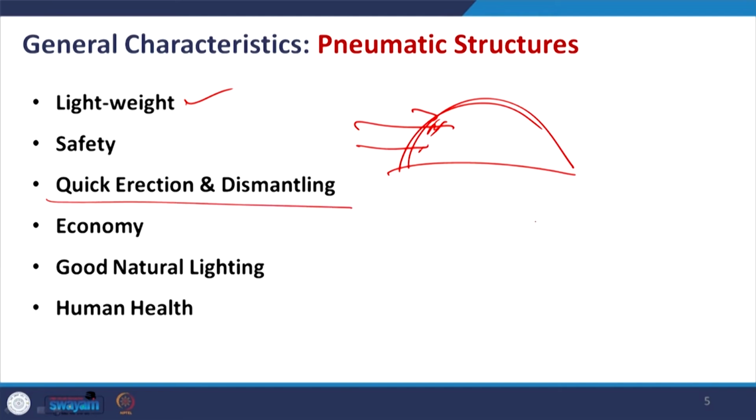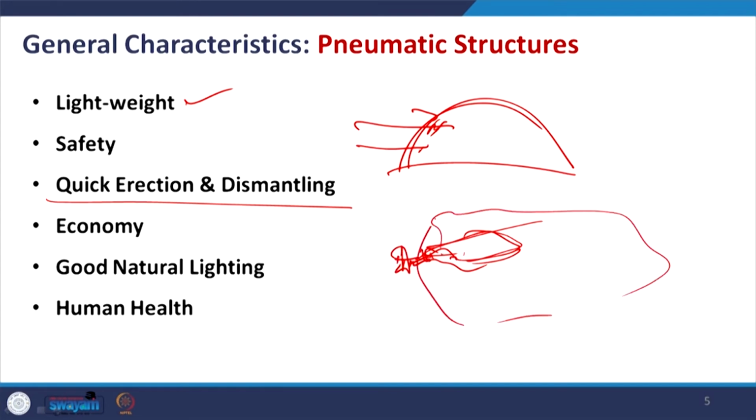In case of the sofa, perhaps if you have not, then just go through the video of this inflatable sofa or bed. You get that this is a very small, folded material, and there is a point where you connect the electric air pump, and then it will just inflate and create the volume. Slowly it will give the form.